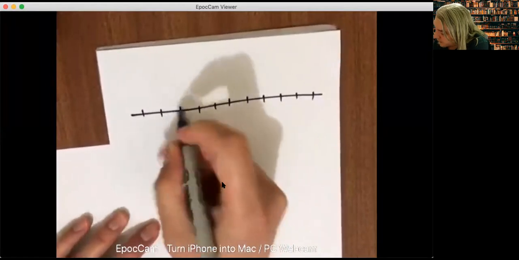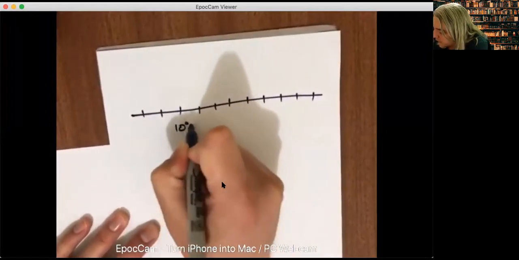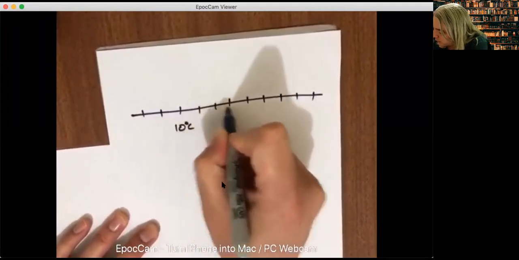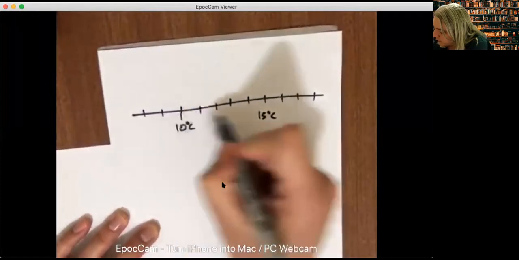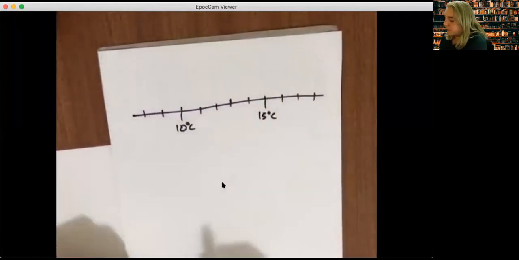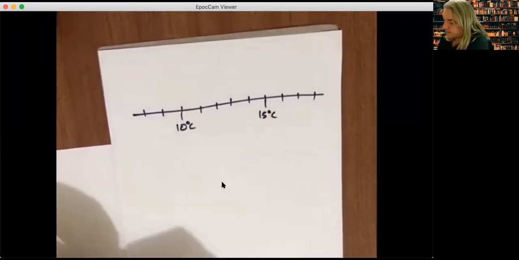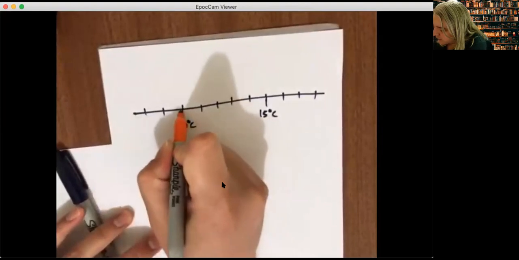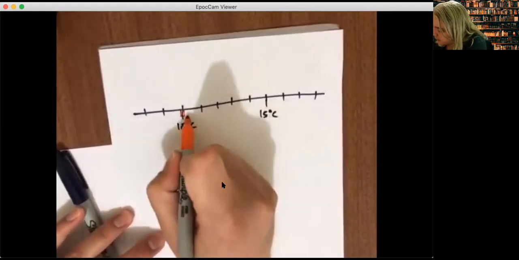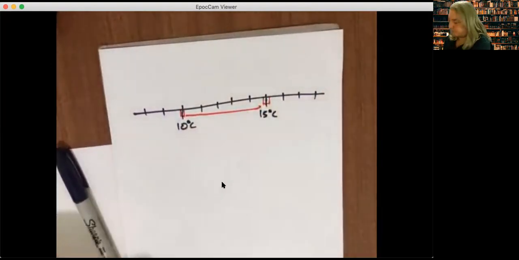Let's say we've got, I'll do something easy, 10 degrees C, which means 10, 11, 12, 13, 14, 15 degrees C are these ones. Right? That's our Celsius number line. So this is some temperature. Let's say that we've got some object and it was at 10 degrees C, and then we heat it up and it's now at 15 degrees C.